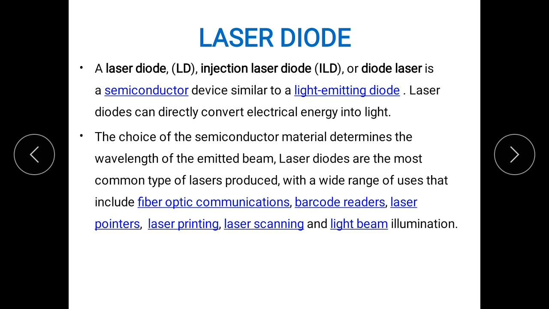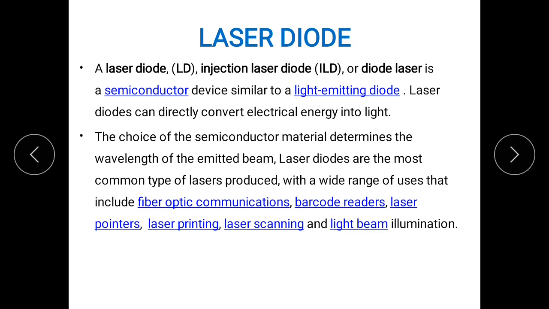This laser diode can directly convert electrical energy into light. And the choice of semiconductor material determines the wavelength of the emitted beam. Laser diodes are the most common types of laser produced, with a wide range of uses, and that includes fiber optic communication.